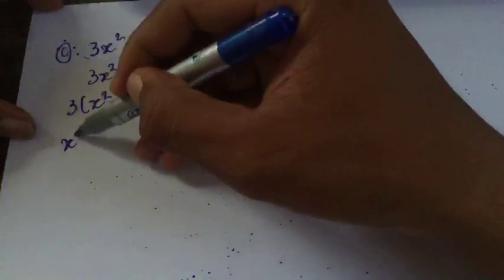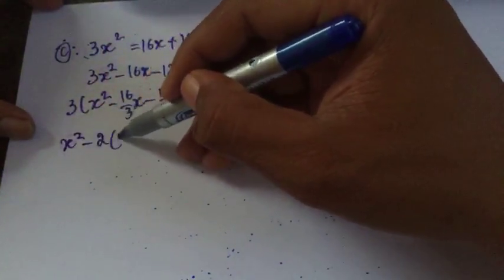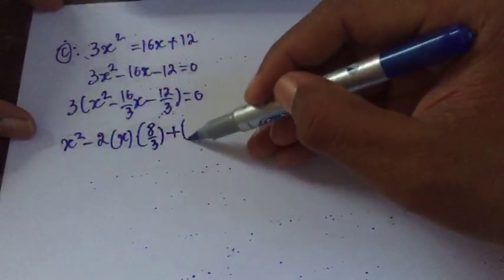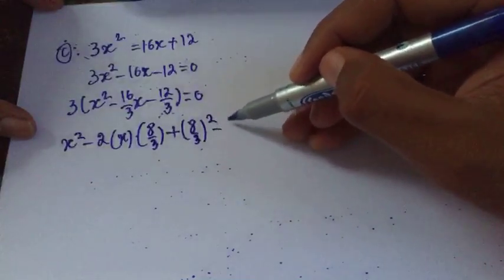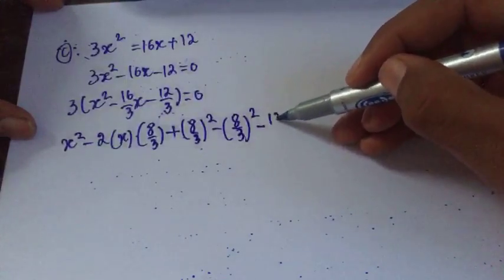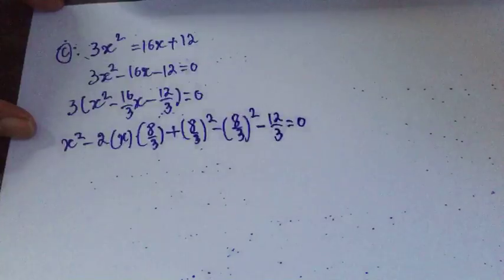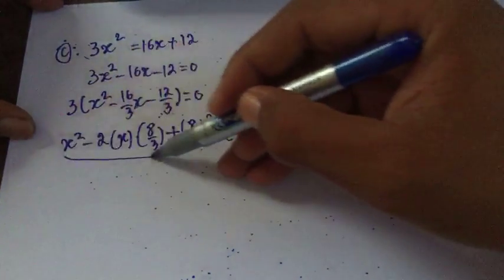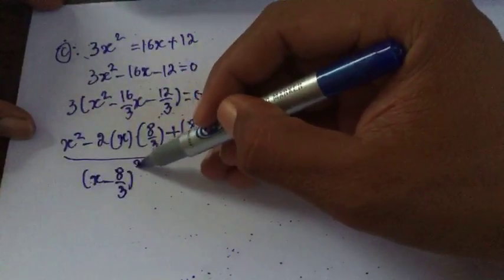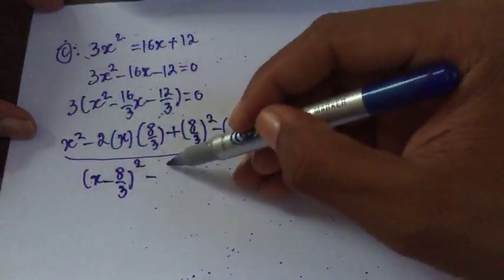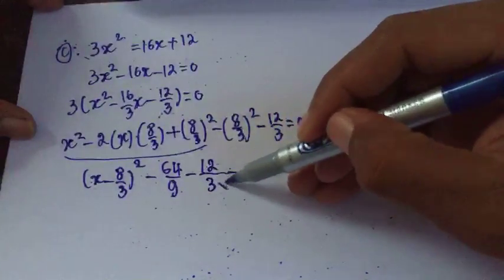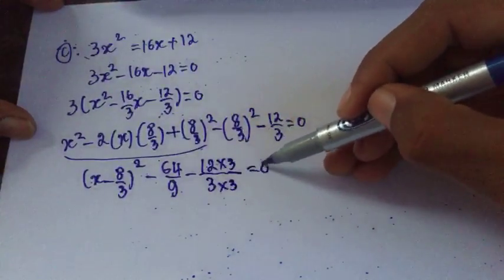And then you can find x squared minus 2x times 8 divided by 3 plus 8 divided by 3 squared minus 8 divided by 3 squared minus 12 divided by 3 equal to 0. Here we got x minus 8 divided by 3 squared minus 64 divided by 9 minus 12 divided by 3, times 3, equal to 0.